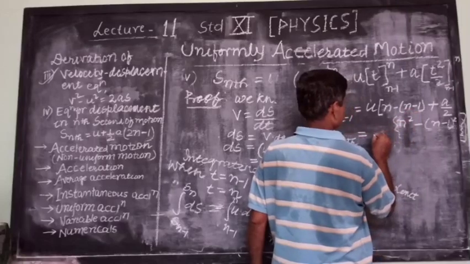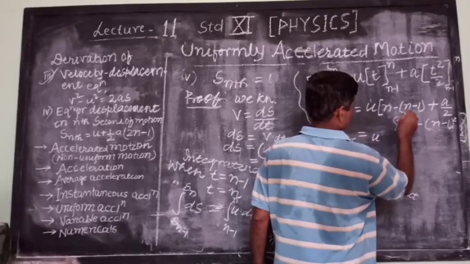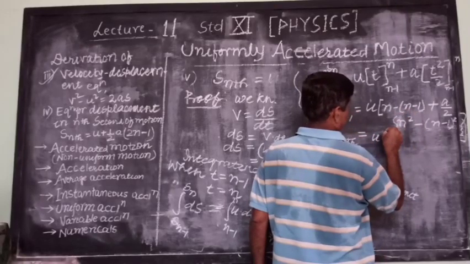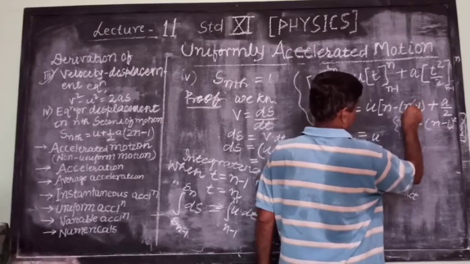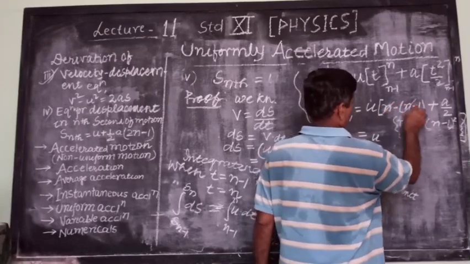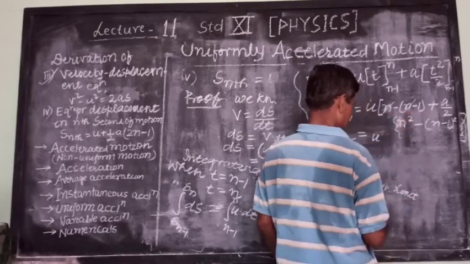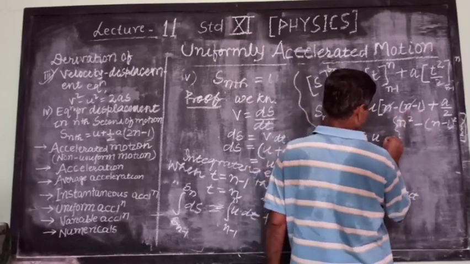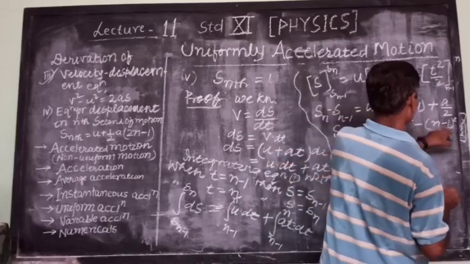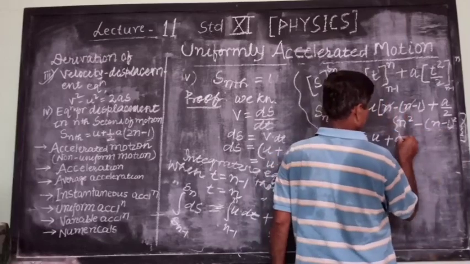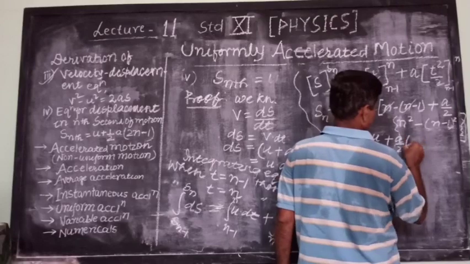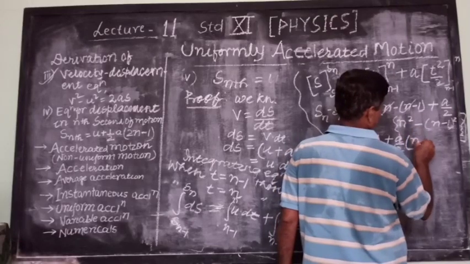Now, what here? This is your u. n minus n plus n cancel. Minus minus plus 1. 1 into u, that will be simply u. You have to solve this, this is your a by 2. Solve this n square.